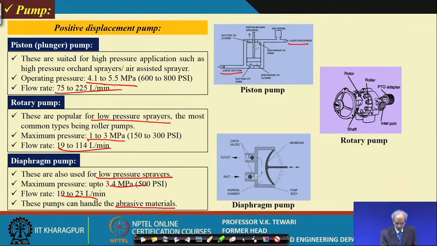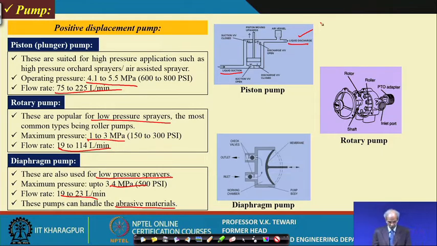These are the valves which are closed. Once you pull it, suction is created, a vacuum is created, and the liquid is sucked in. The moment it is pressed, the valves will open and the liquid will go through here.